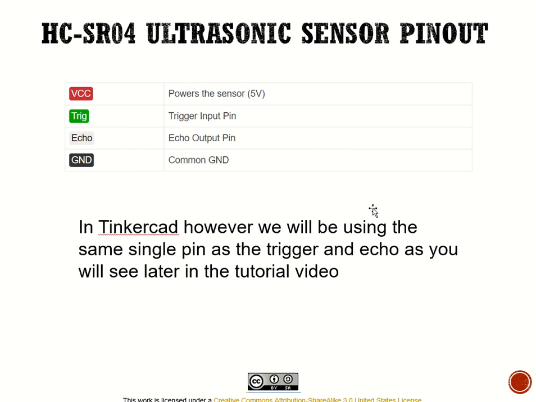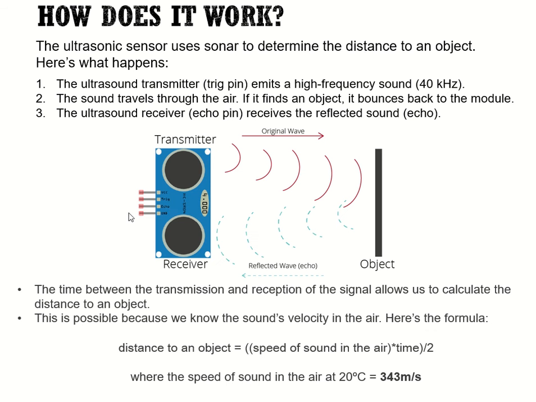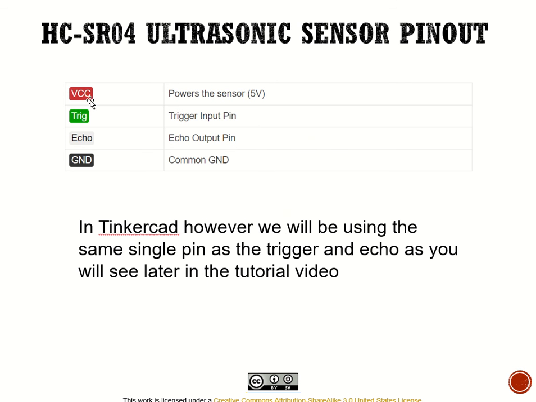If you look at the sensor here, you can see there are 4 pins. These are the main pins. Your VCC is your power, your 5 volt, and your ground, of course. Then you have 2 other pins. One is your trigger, which is what you use to send out the sound wave to bounce back and measure the distance.